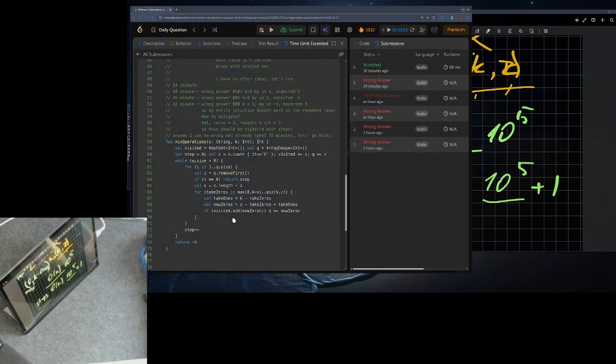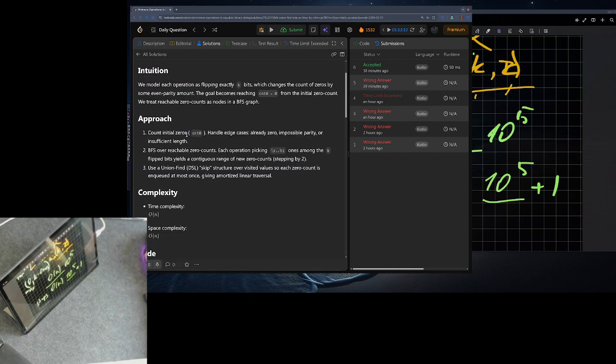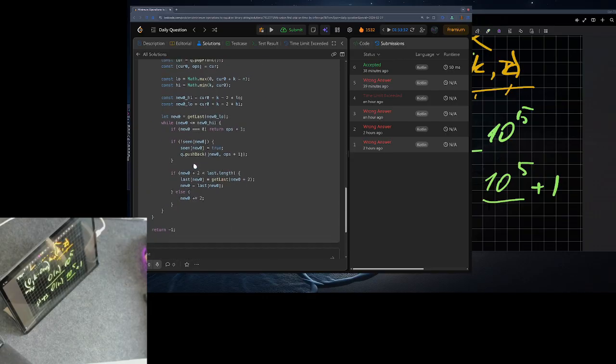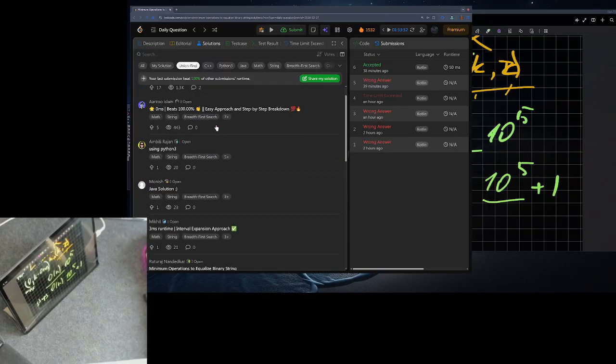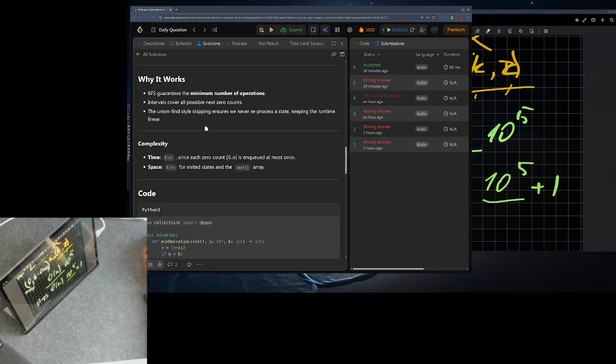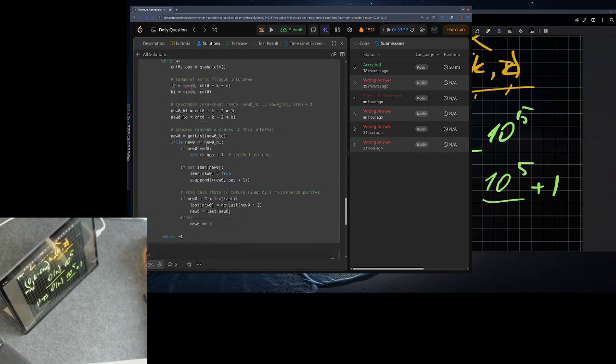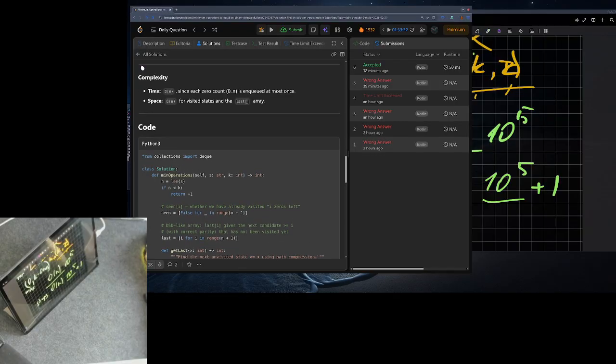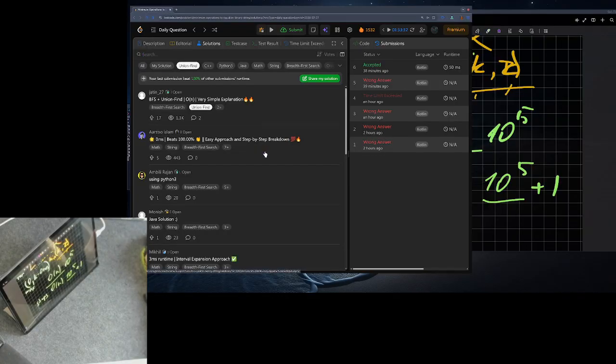So let's look at what intuition we have to take the accepted solution. I didn't solve it myself. I looked at other people's code, and I can't understand it because of so many words, but I just felt lazy to read it and understand.